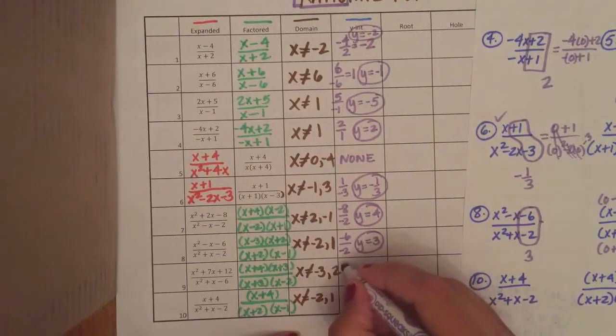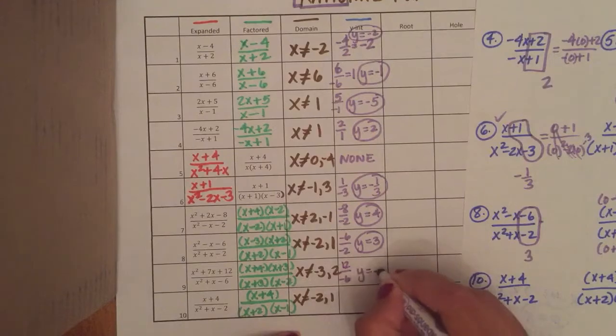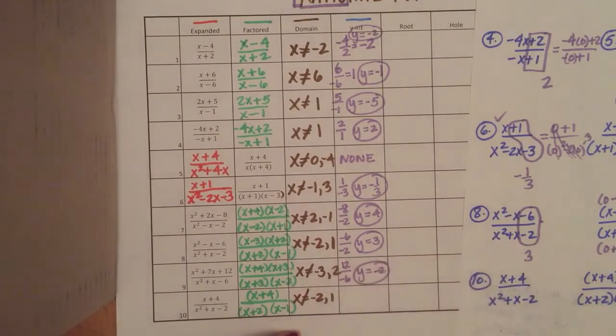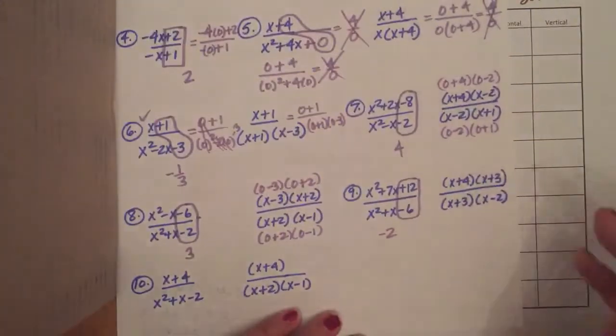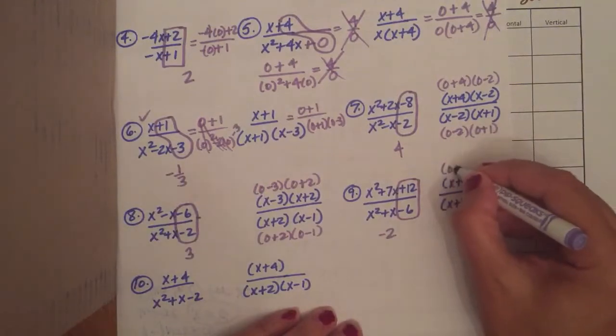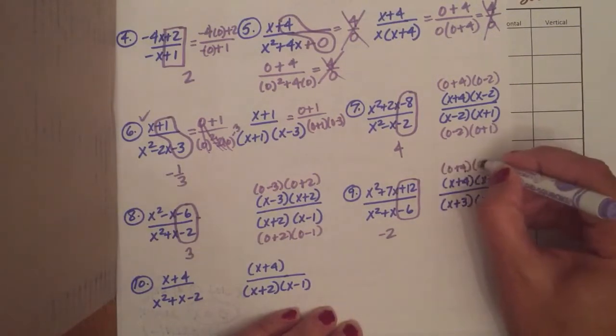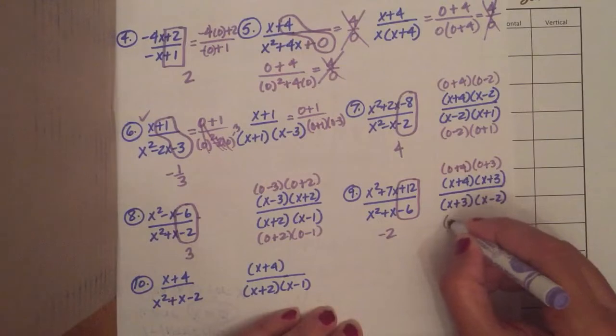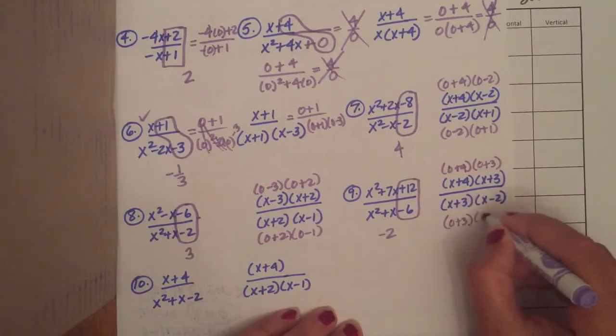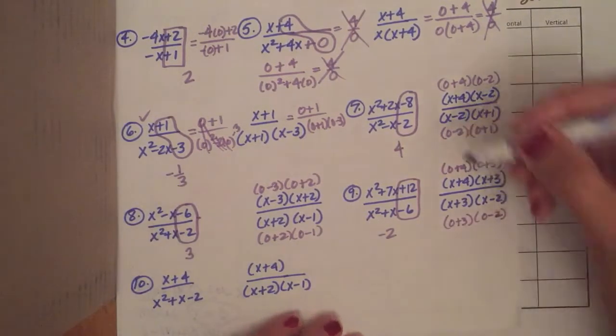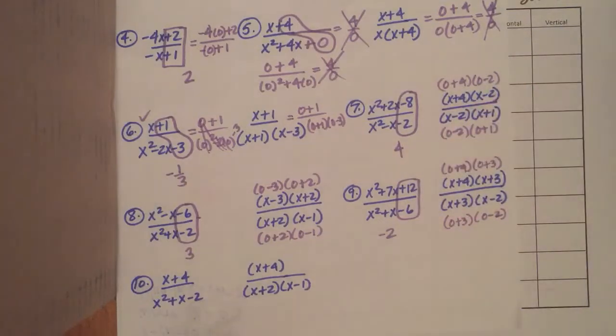So my y-intercept is negative 2. Do it the long way. You have 0 plus 4 times 0 plus 3 over 0 plus 3 times 0 minus 2. You're going to end up in the same spot with 12 over negative 6.